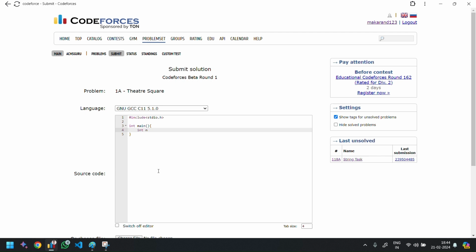So we have int n, m, and a. Just take the input. Our calculation, let's do it in long, because sometimes the value can be in millions.